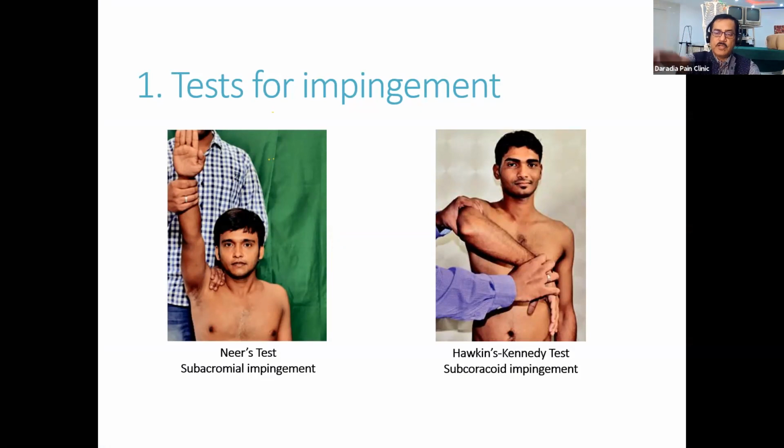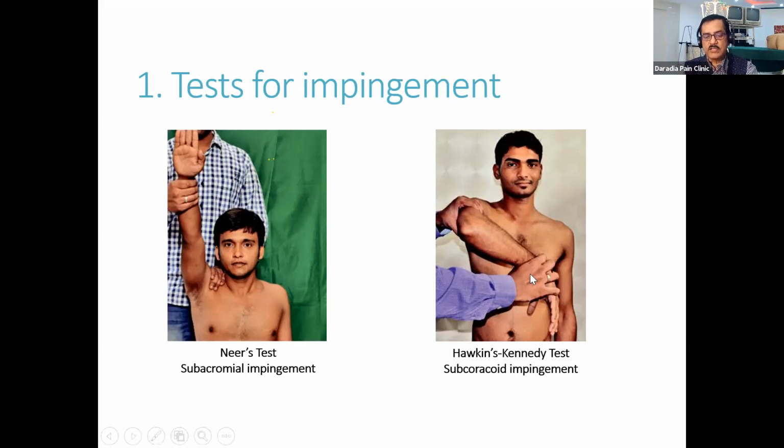If there is impingement below the acromion, the supraspinatus muscle will have friction because of tendinopathies, calcific tendinopathies, or some osteophytes in the subacromial area, or some bursa that might be preventing the smooth gliding of the supraspinatus muscle below the acromion. So the Neer test is for the subacromial impingement.